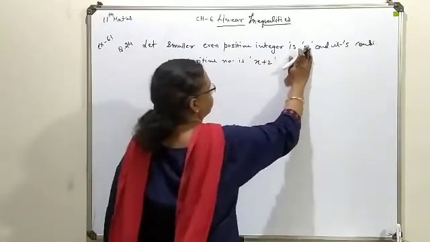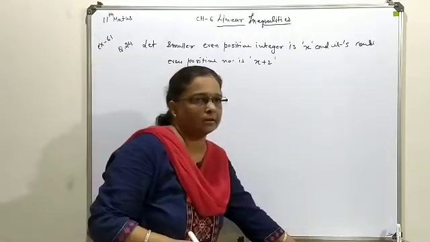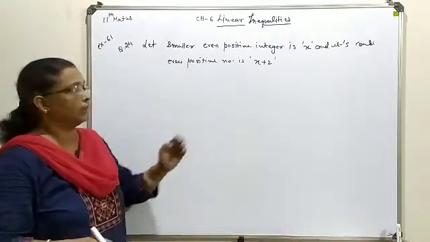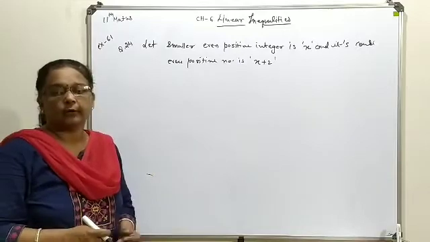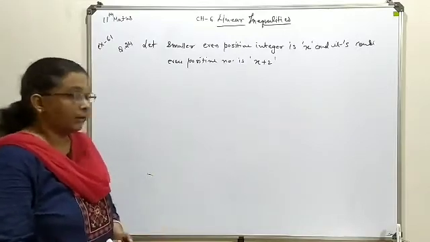Here the smaller one we have supposed as x and its consecutive even number we have taken as x plus 2. Now in the question, each number is greater than 5.